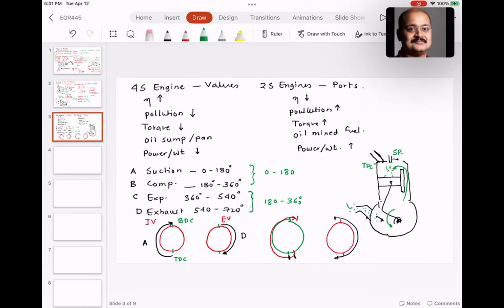So please understand, as a mechanical engineer, you would be expected to know the difference between gas engine and diesel engine. You would be expected to know the difference between 2-stroke engine and 4-stroke engine. But nowadays, what you can do is modify these and get to hybrid engines.